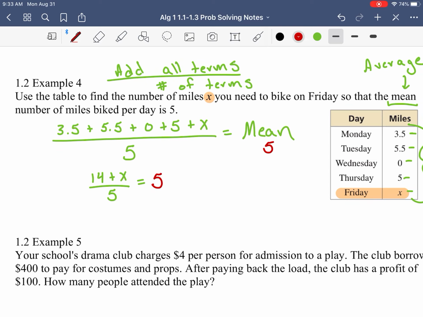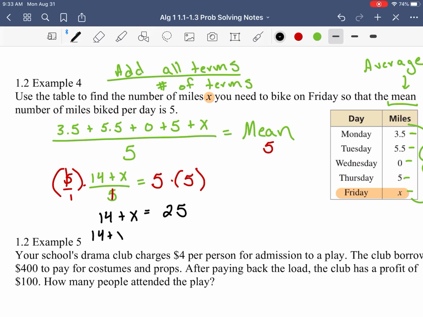So now we can solve it. To get rid of this divide by 5, we would multiply both sides by 5. So this 5 over 5 is going to give me 1. So I'm left with 14 plus x equals 25.